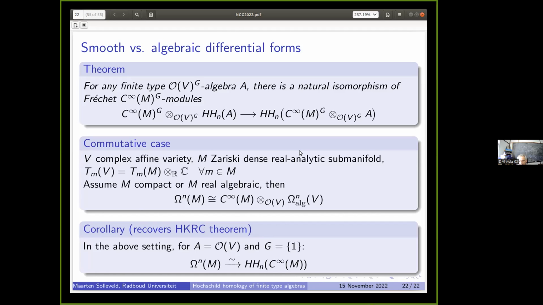So, for example, in the case of the orbifolds that you discussed previously, where you get homogeneous singularities with respect to some weights, that would be an easy case.